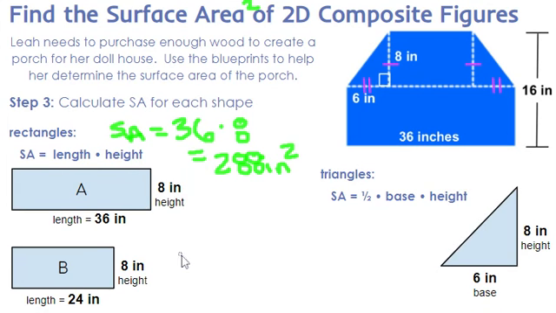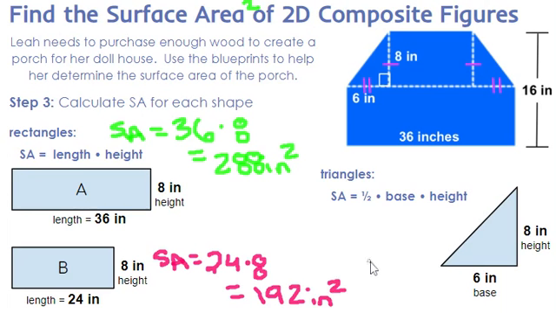Moving on to rectangle B, again, surface area here. I have my length of 24. I have my height of 8. And 24 times 8 is 192 inches. Again, squared because we're looking at a surface area.